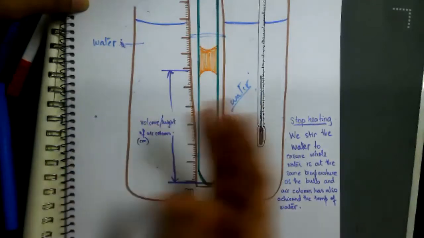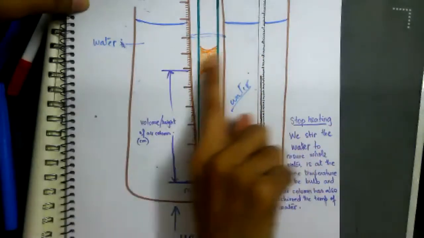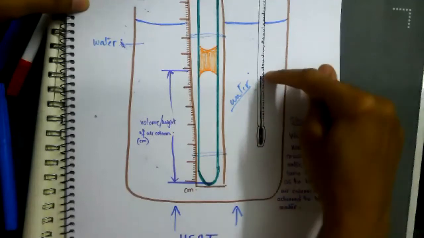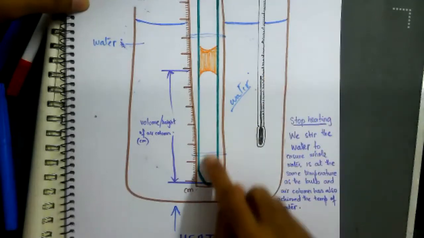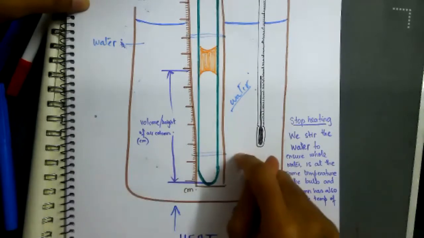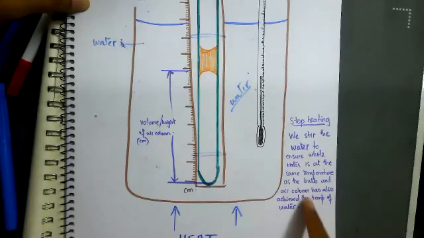So there are three things that you have to wait for. You have to wait for the whole mass of water to come to the same temperature. You have to wait for the mercury level to be steady. And you have to wait for the air column to come to the same temperature as the mass of water in the beaker. So these precautions are important.